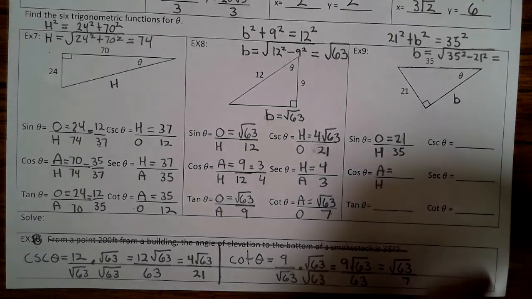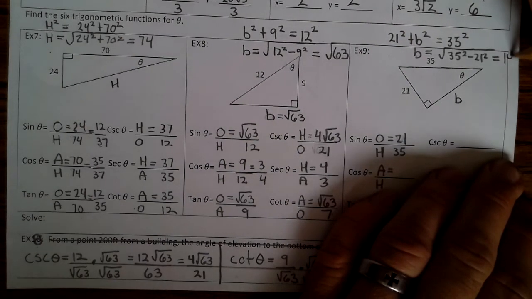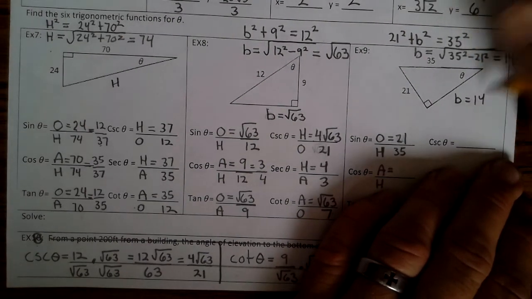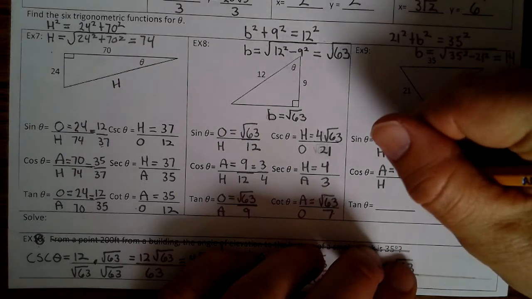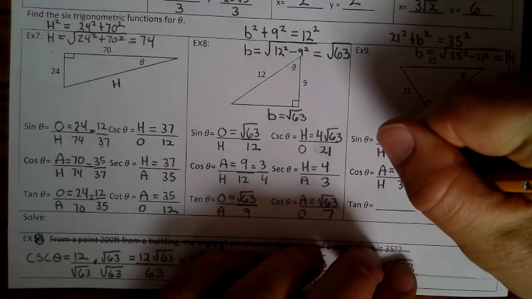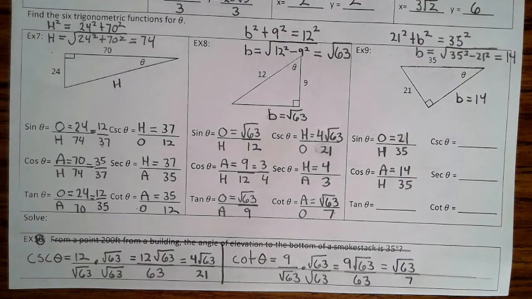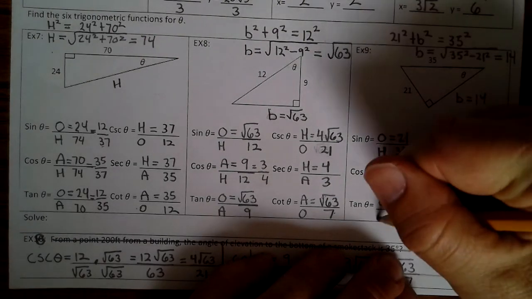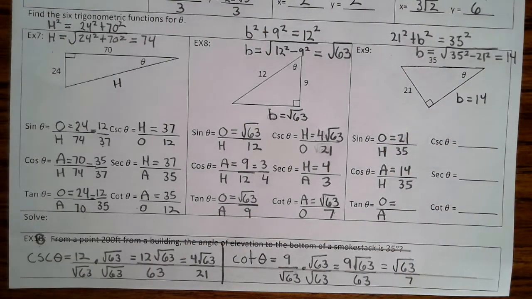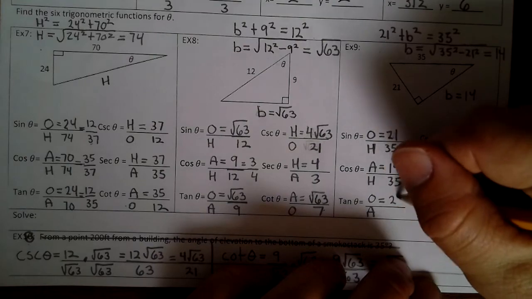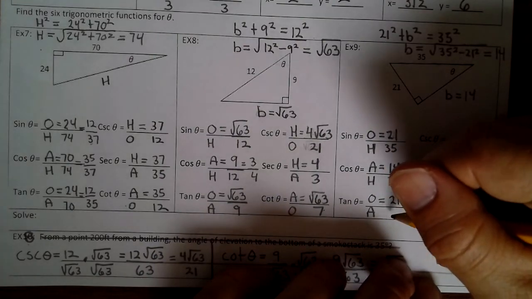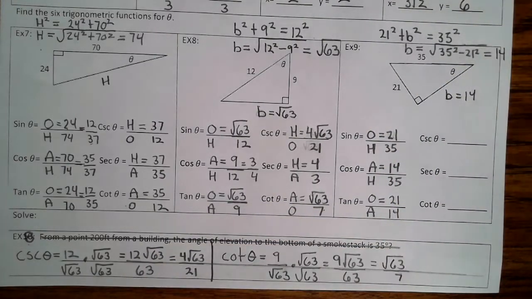And then tangent is opposite over adjacent. So opposite is 21. Adjacent is 14. Which can be reduced to 3/2. Okay, cosecant, real simple.